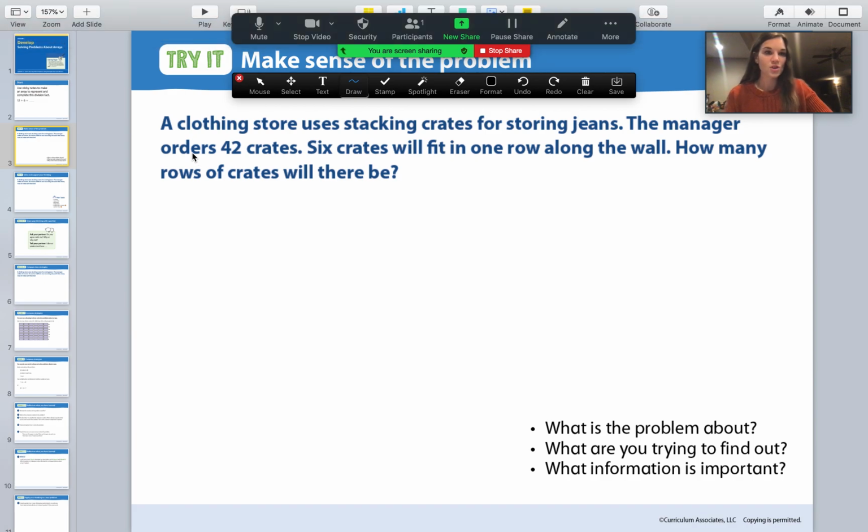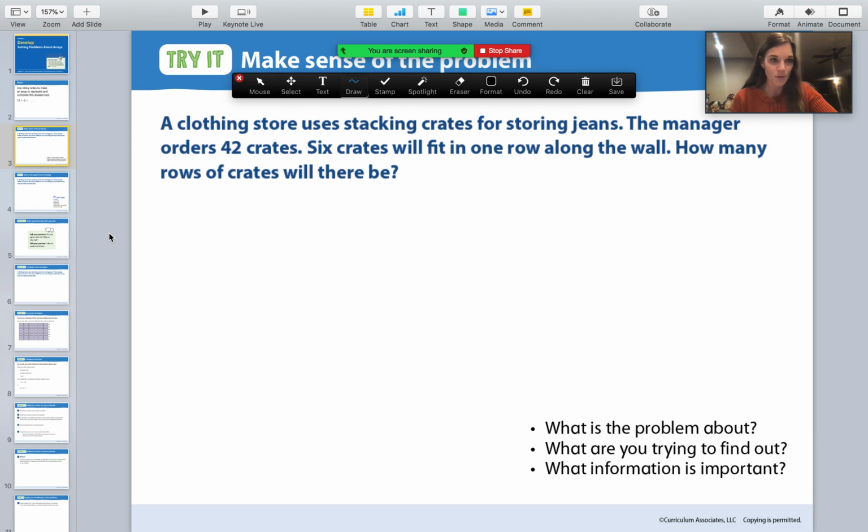Okay, so let's think about this. What is the problem about? It's about stacking crates, right, at the clothing store. What are we trying to find out in this problem? We're trying to find out how many rows of crates there will be if we put them in rows.